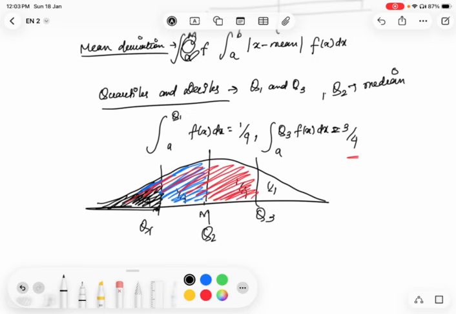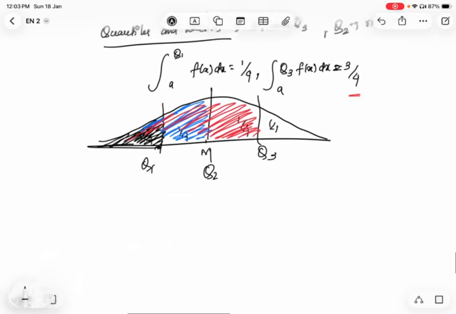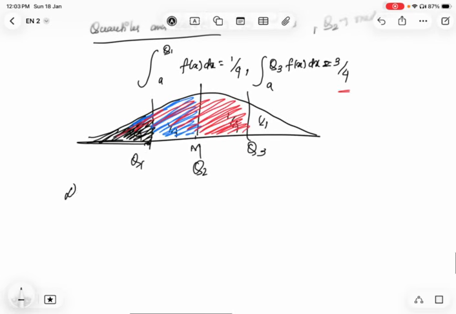So I hope you understand what quartile and decile mean. Decile is that which divides the data into 10 parts. 10 parts means the integral of f(x) dx is equal to i by 10. So what does the decile do?